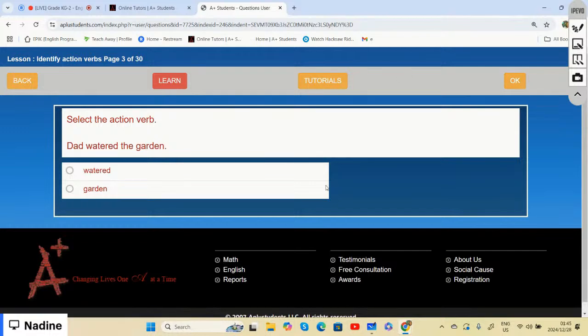All right, then the last one says, Dad watered the garden. So now the question is, what did Dad do? Is it option one, watered, or option two, garden? Which one is correct?